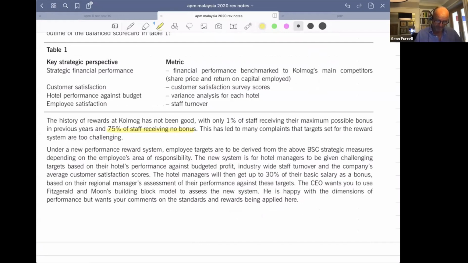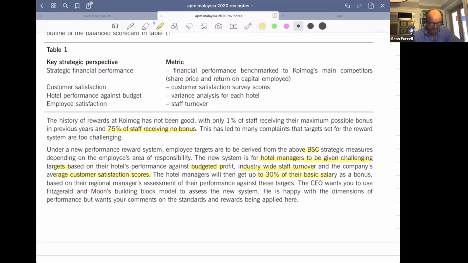Under a new performance management system, employee targets are derived from the balanced scorecard, depending on the area of responsibility. The new system is for hotel managers to be given challenging targets against budgeted profit, industry-wide staff turnover, and average satisfaction scores. They'll get 30% of their basic salary as a bonus.